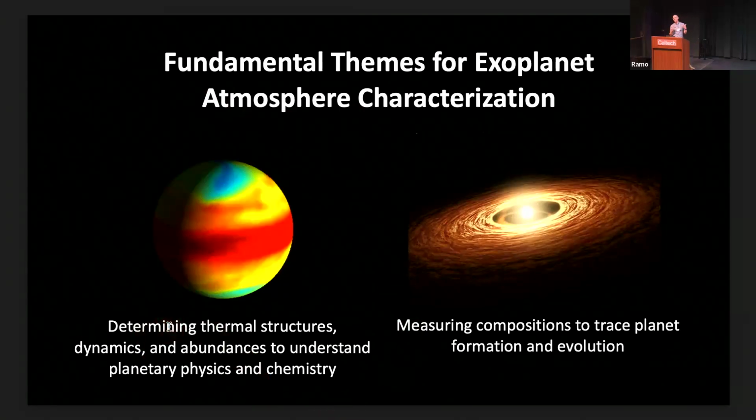We want to understand how planets work. We want to think about the temperature structure, how that might change with time. We want to think about the atmospheric abundances that we see and what that tells us about the physics and chemistry of atmospheres, this general idea of how planets work. That's, of course, been a long topic in the solar system, and now we have such a wide variety of planets at different distances from the star, different masses.